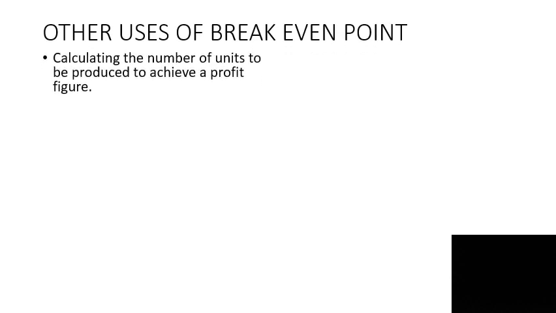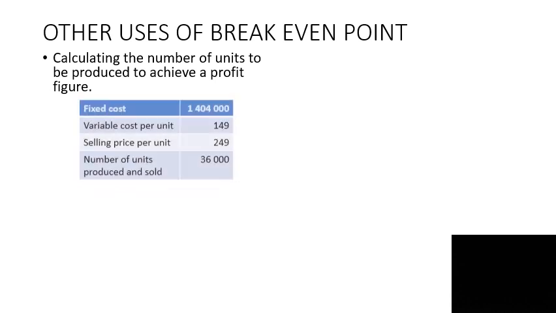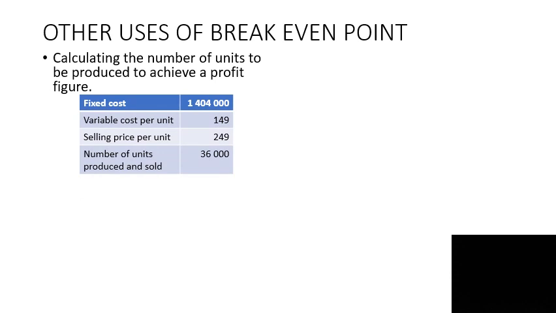Now, break-even point is also used from the importance. We want to know how many units must we produce to earn a certain amount of profit. So calculating the number of units to be produced to achieve a profit figure, we simply modify the break-even formula a bit. We are given some information which we are going to use.